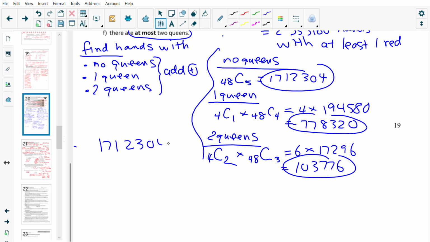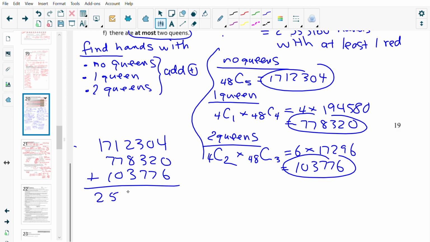So let's add these 3 up. That's 1,712,304 plus 778,320 plus 103,776. Add them all up, I get 2,594,400.